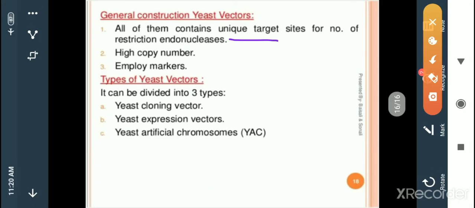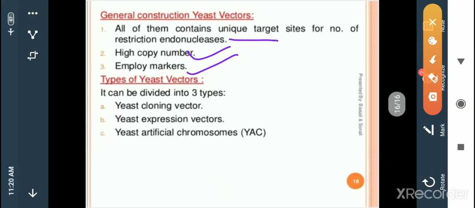And a number of restriction endonucleases, where the restriction enzyme comes and cuts at that region. And it has a high copy number, meaning how many copies are present in a cell. Then markers, the selectable markers like ampicillin and tetracycline.